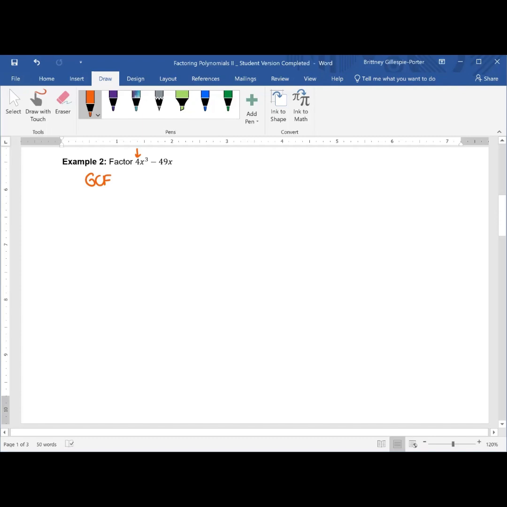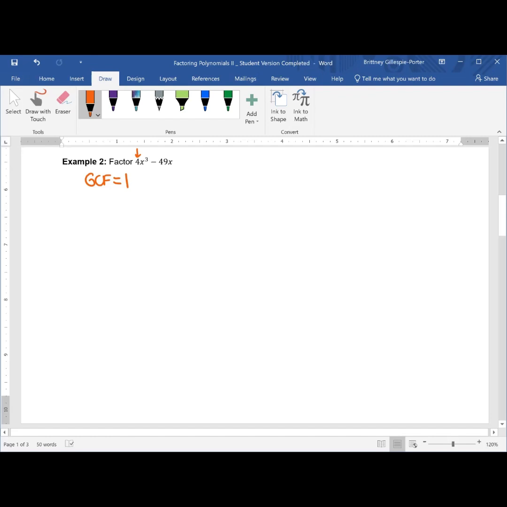Next number that divides 4 is 2. But when we take 49 divided by 2, we again get a decimal. That's not helping us. Okay. The only other number that goes into 4 is 1, which means that for our numerical part of our GCF, or our number part, it's just going to be a 1.